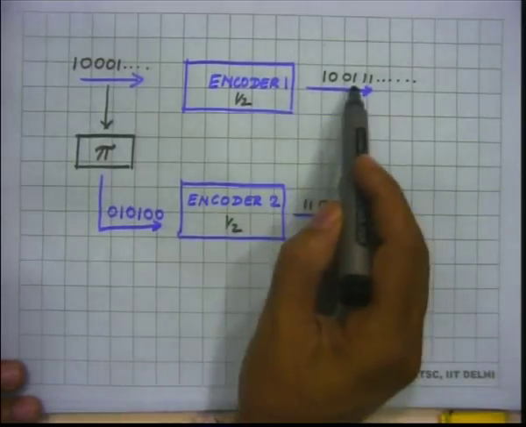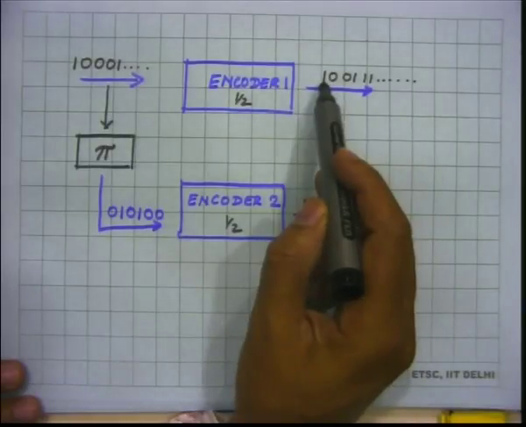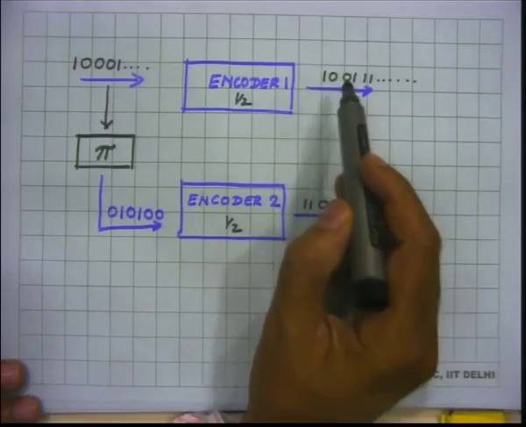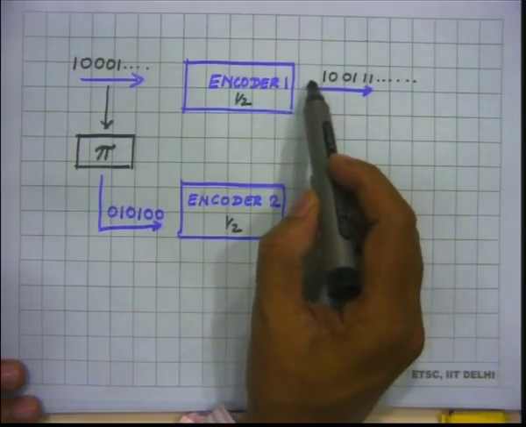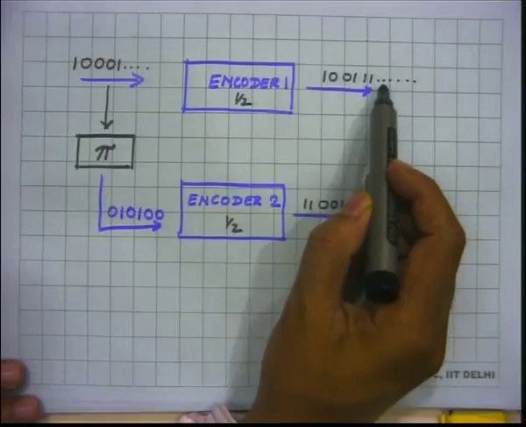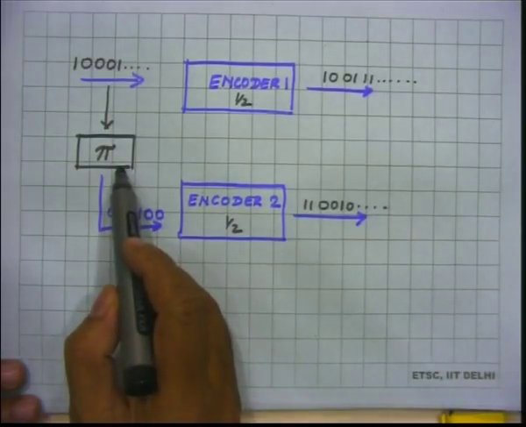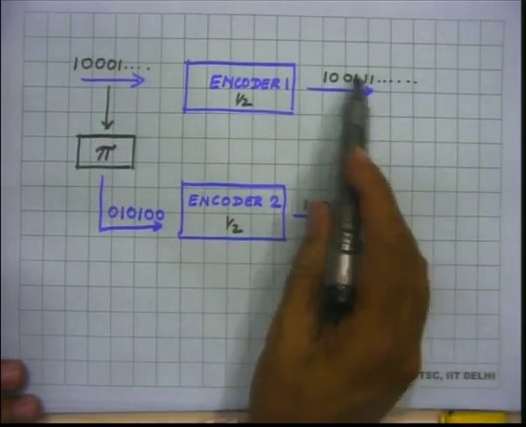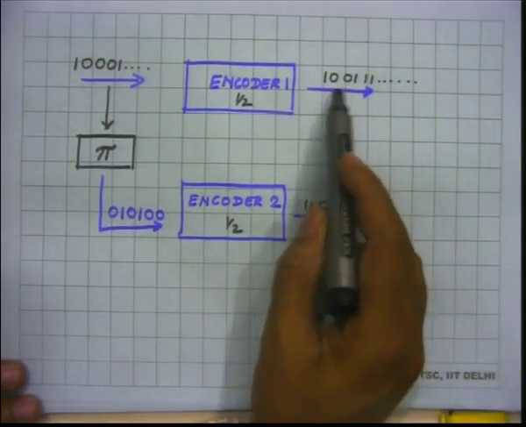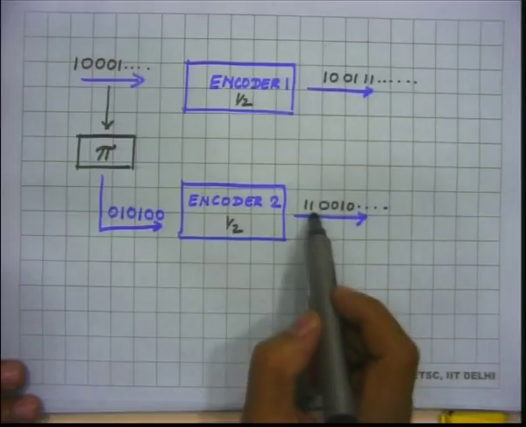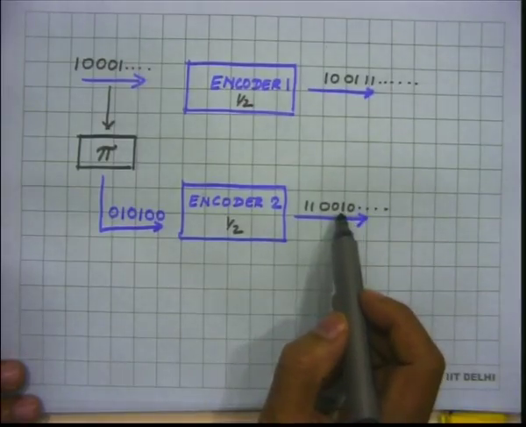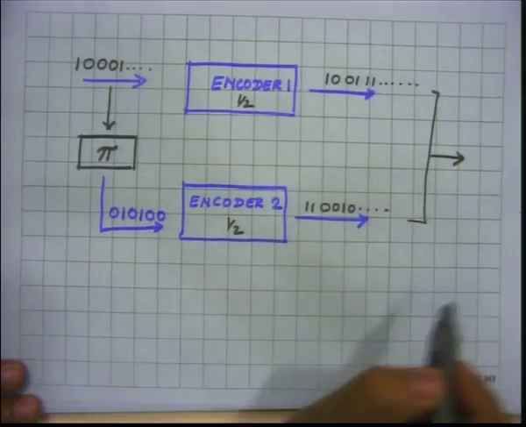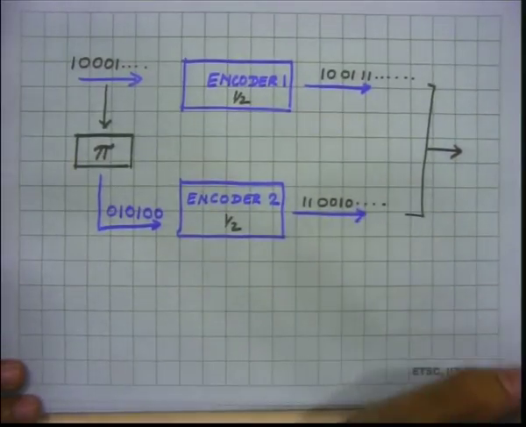Now, if one of the paths corresponds to the D free, that is, it has poor weight, the D free resulting from the one which has low weight, then obviously, this being a random interleaver, this output sequence will be different from the first one. So, if this is the lowest possible weight, this will most likely be a high weight. So, if we can combine these two, on average we will come out a winner.